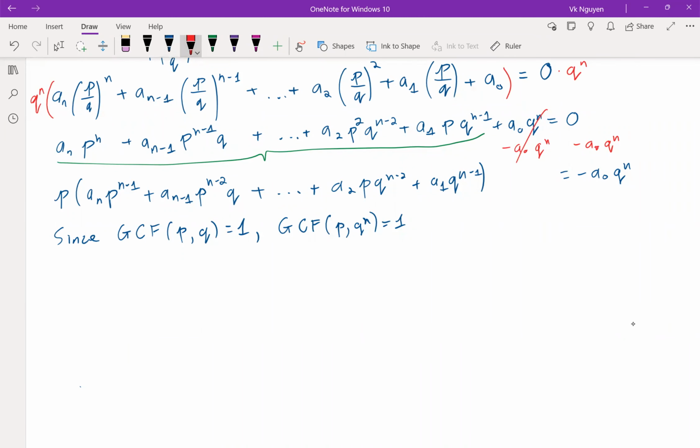This means that a sub 0 is a multiple of p and some number alpha. So p is a factor of a sub 0.